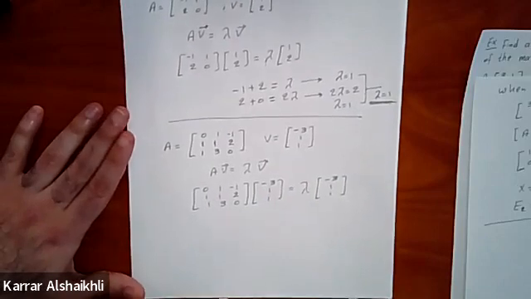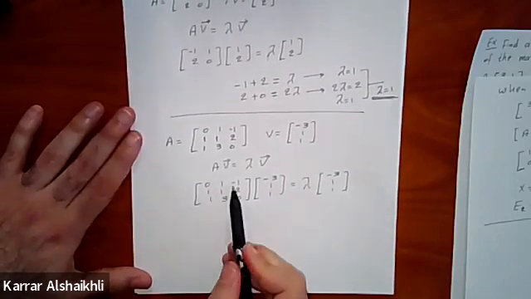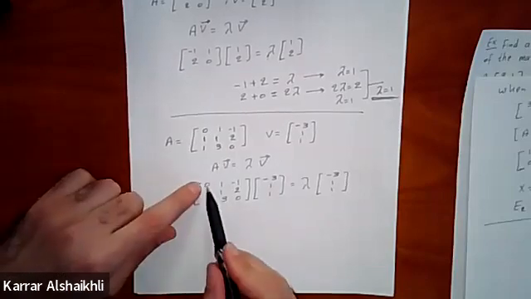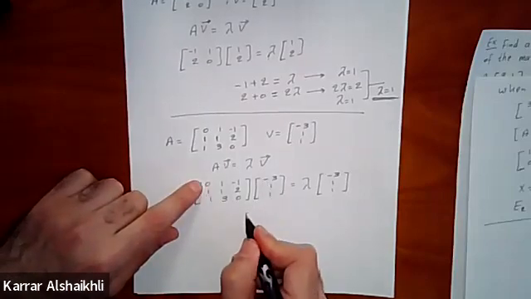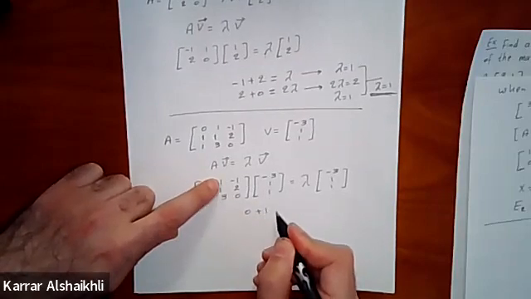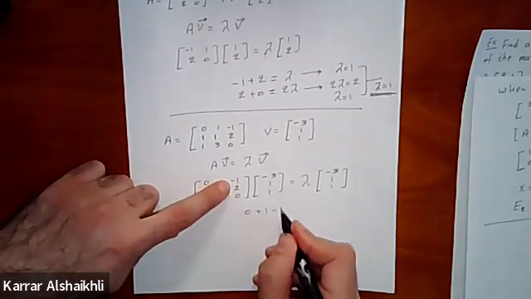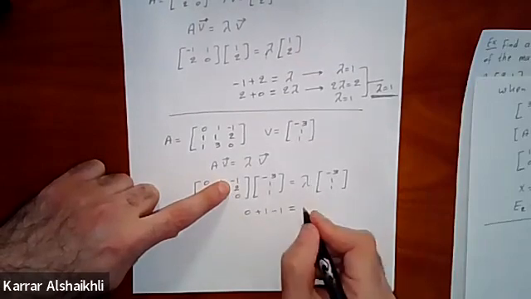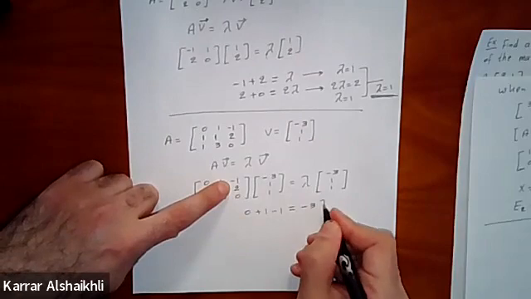Let's check that. The first row times this column: 0 times negative 3 is 0, 1 times 1 plus 1, negative 1 times 1 is minus 1, equal negative 3. And here is the lambda.